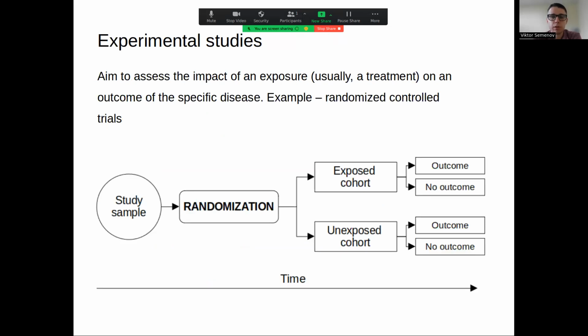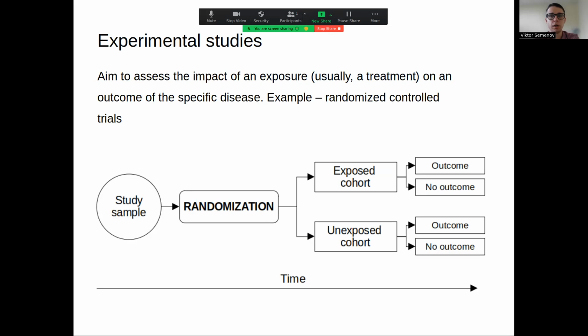So we are done with the analytical studies, or observational studies, and then I would like to say a few words about experimental studies. Experimental studies, unlike observational studies, imply that we do some manipulation with the studied population or studied phenomena.